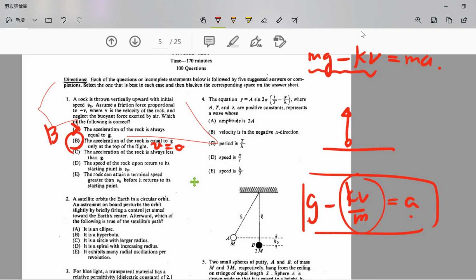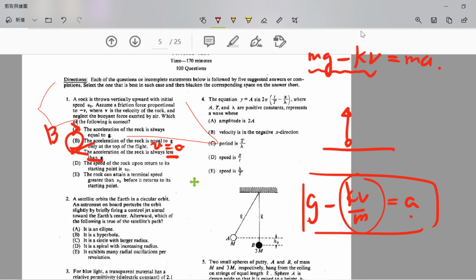C says the acceleration of the rock is always less than g. One might think this is correct, but it should be less than or equal to.